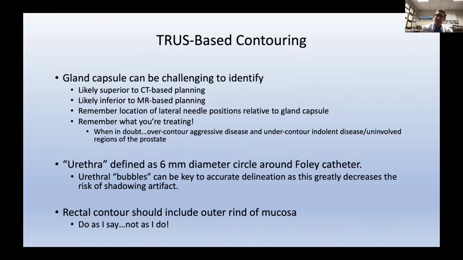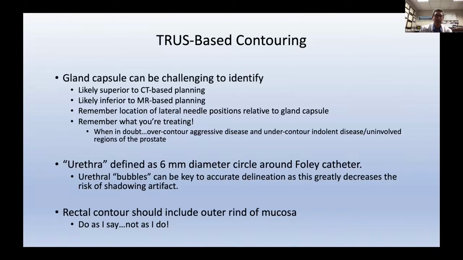If you're not confident in identifying the capsule, when in doubt, over-contour aggressive disease and under-contour indolent disease or areas of the prostate that are uninvolved. Obviously, all things equal, you want to contour the prostate, but that is a challenge you're likely to be faced with. So remembering the clinical disease picture is important.